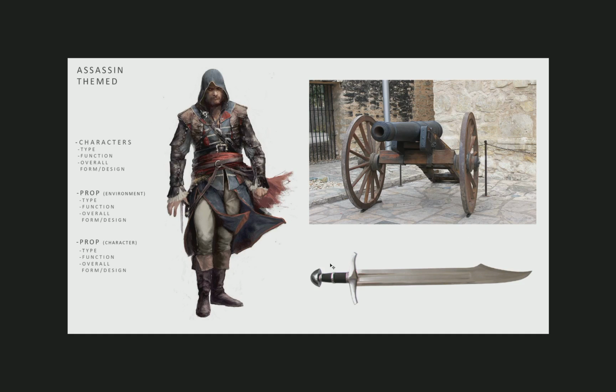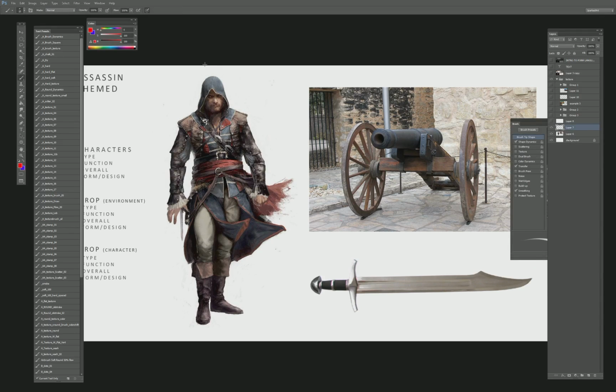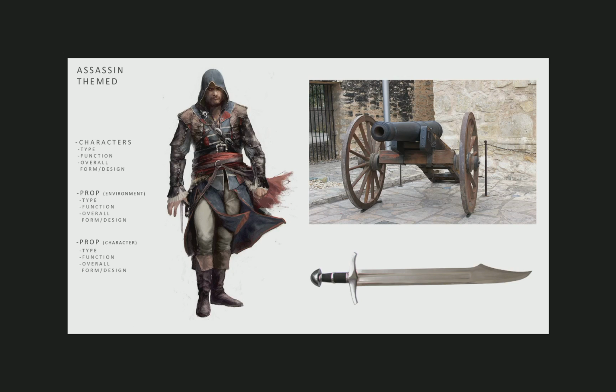So a couple of things before we go and start redesigning the character is I want to identify the type of character, the function, the overall form and design, right? So the character, we know that the character is going to have specific features like the hoodie here.